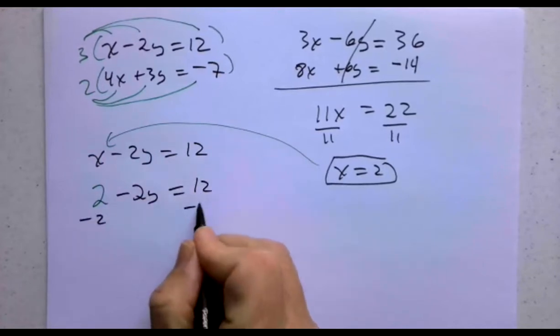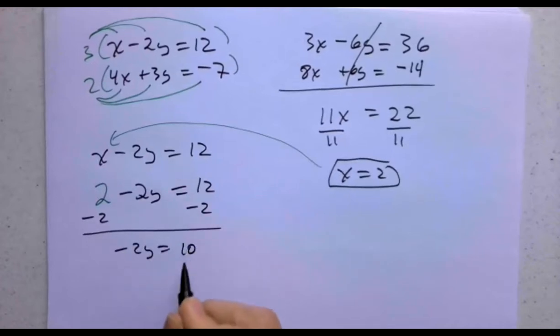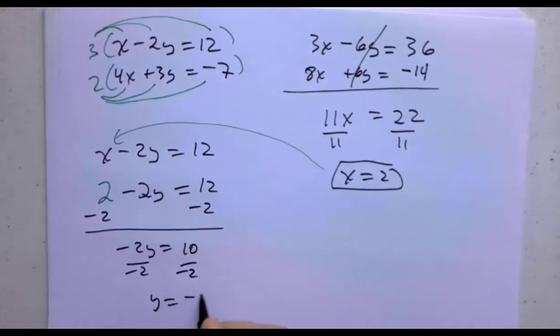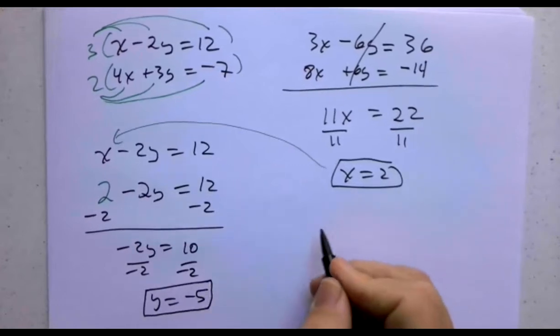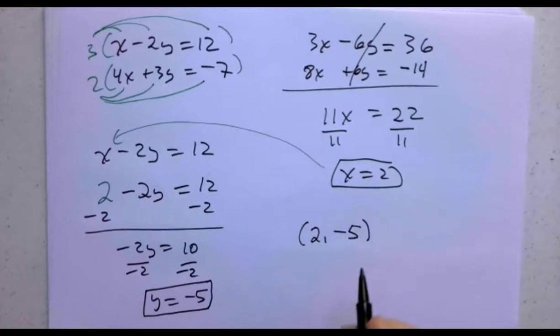Subtract the 2 from both sides. -2y is 12 minus 2 is 10. Divide by -2. Y is -5. So as we did it the first time, we did it with elimination and also have the answer as the point (2, -5).